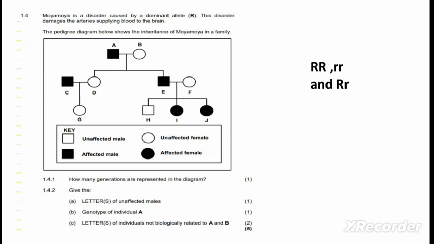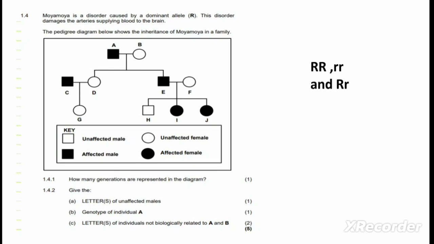Small letter rr is homozygous recessive. Homozygous recessive means having 2 copies of the same recessive allele for a gene. Then we have heterozygous. Heterozygous is just having dominant and recessive. Always note that dominant overrides the recessive, right?